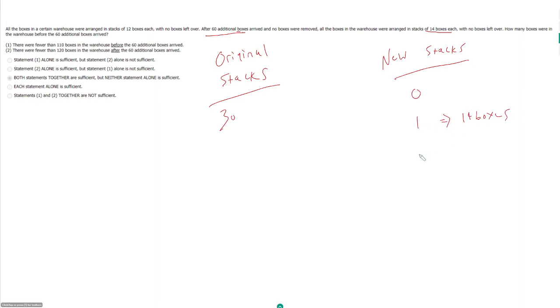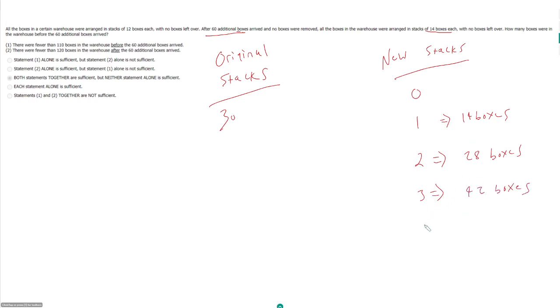Or I could add 2 new stacks, and that would give me 28 boxes, so 2 new stacks of 14 boxes each. Or I can have 3 new stacks, and so that would be 42 boxes.